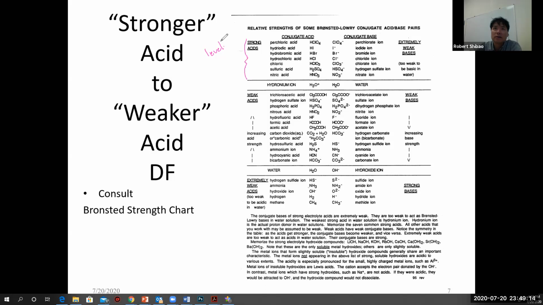Leveling, I think it's with 1 L. The leveling effect means that all strong acids in water have the same strength.